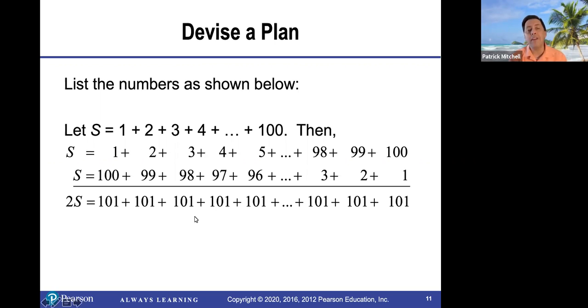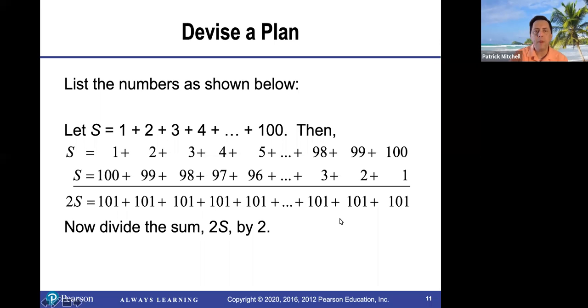So what we get out of this is that 2S is equal to 101 plus 101 plus 101, and so on. And those numbers are being added together 100 times. You can see that by the way they're lined up under here, right? So that sum is 2 times our answer. So to get the answer, we just have to divide that sum by 2.